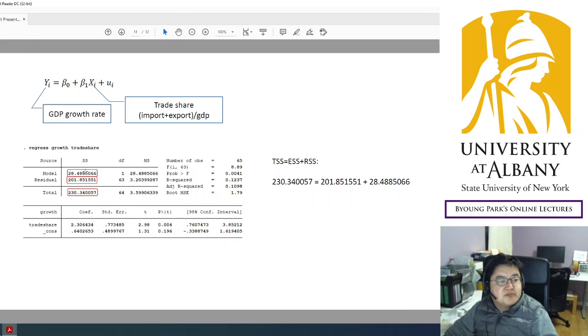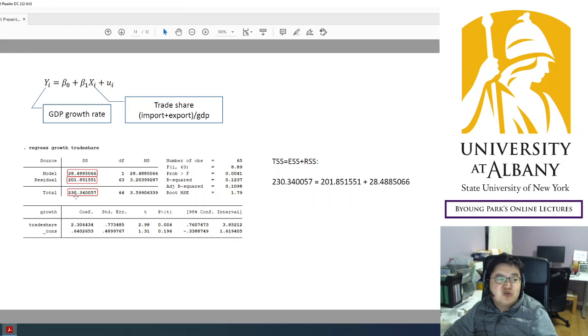First, remember, total sum of squares can be decomposed into the sum of the explained sum of squares and residual sum of squares. So the GDP growth rate varies this much. Total variation in the GDP growth rate is 230 something.